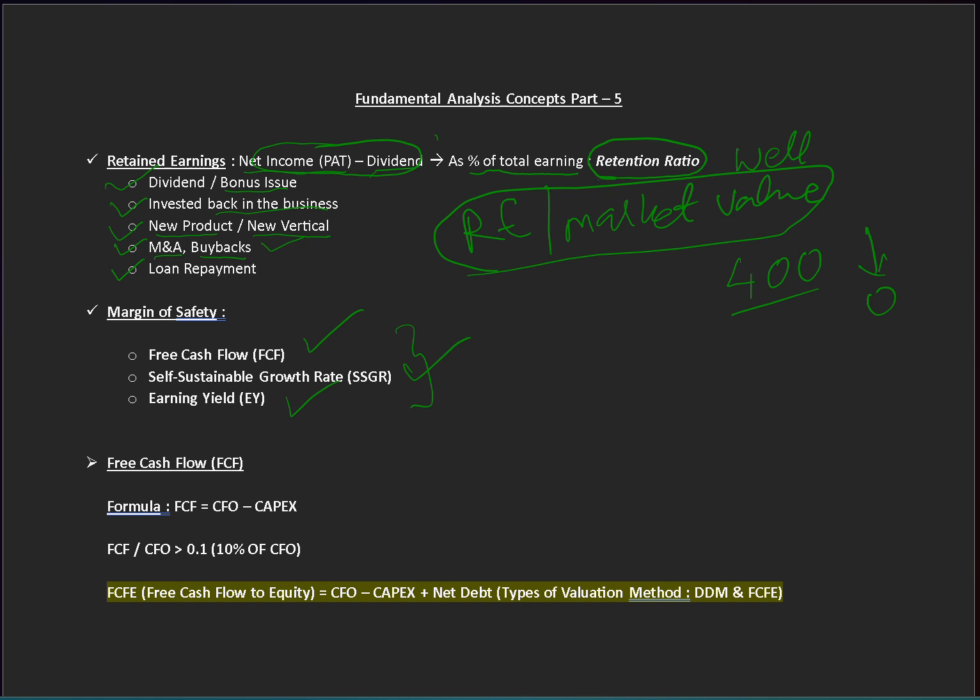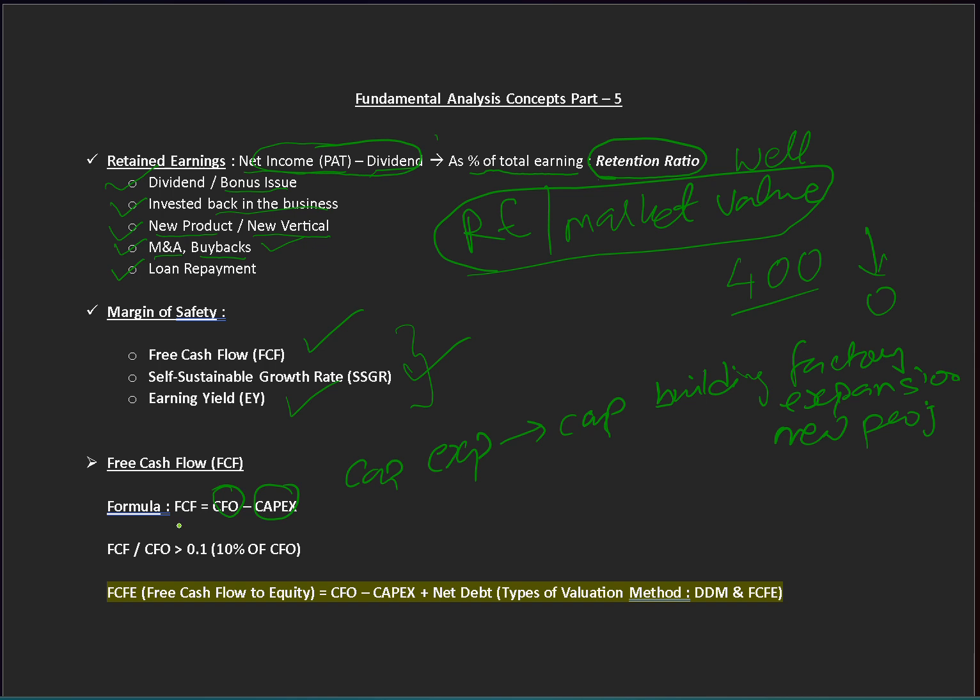So what is free cash flow? Free cash flow is nothing but the cash from operating activities minus the capex. Capex is capital expenditure. So whatever company is having some capital works, like building a factory building, expansion, or a new project, anything is capex.